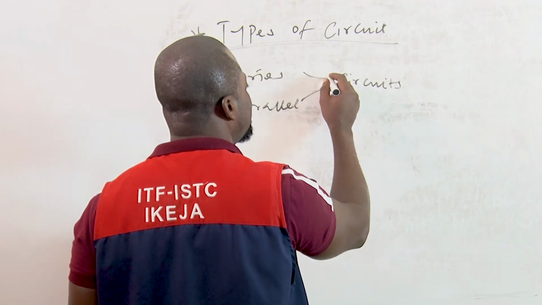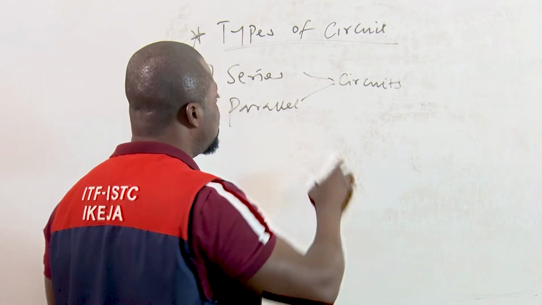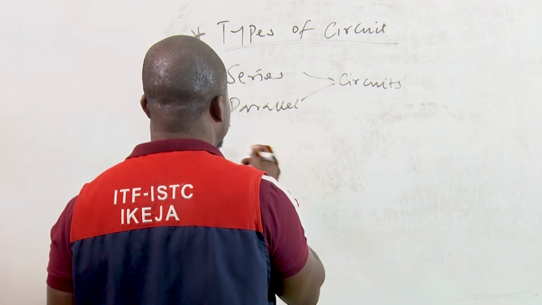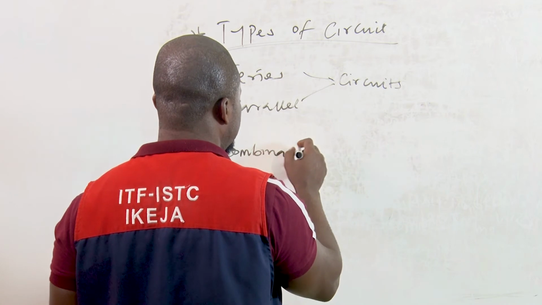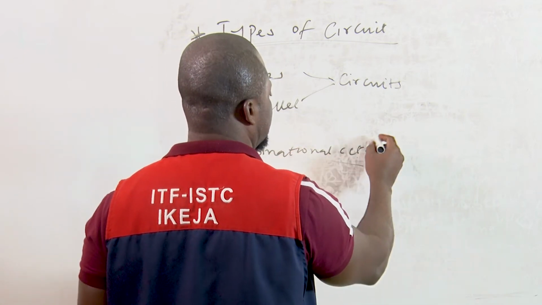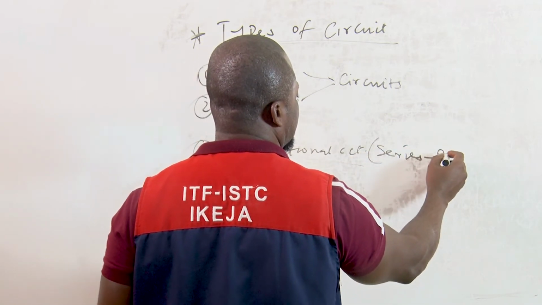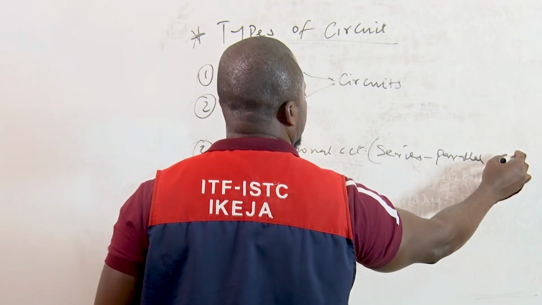And of course, we also have the combinational, but the combination has to do with both series and parallel. In some materials, you can say combinational circuits, which is series-parallel circuits.